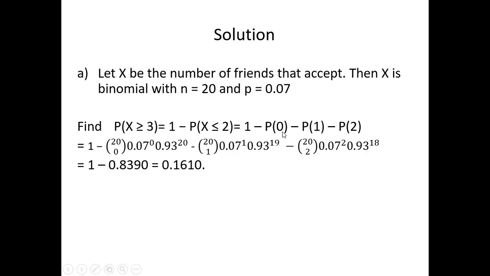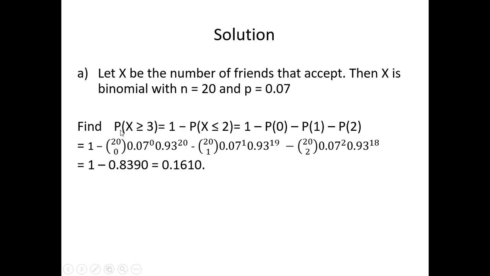So to get these three probabilities, we have to use the PMF. And you can see here the probability X is 0 would be 20 choose 0 times 0.07 to the 0, 0.93 to the 20th. Here's the probability X is 1, and then the probability X is 2.